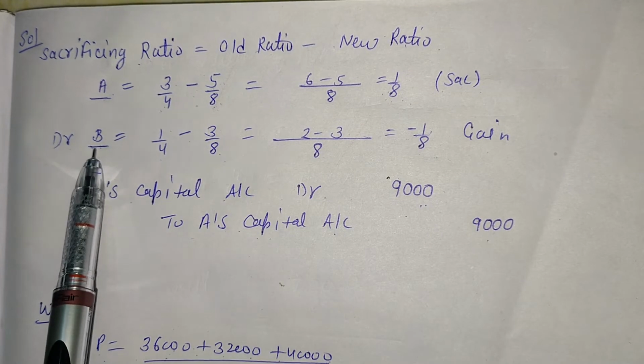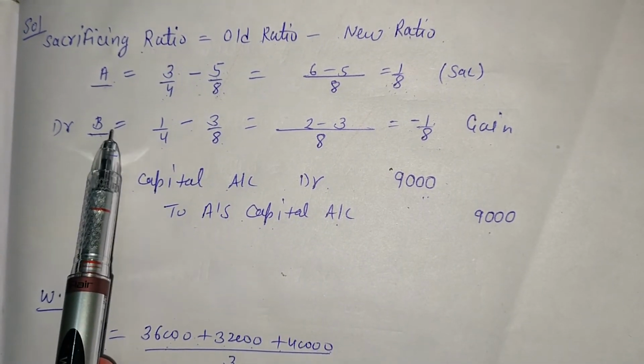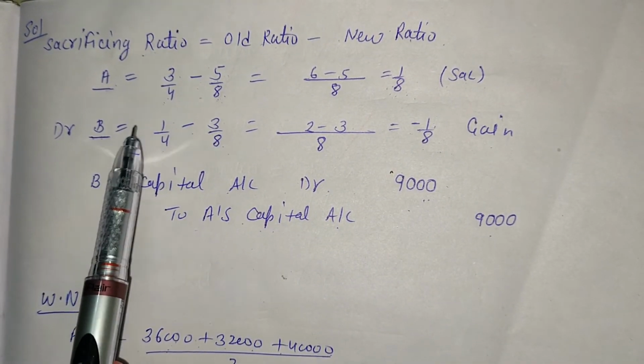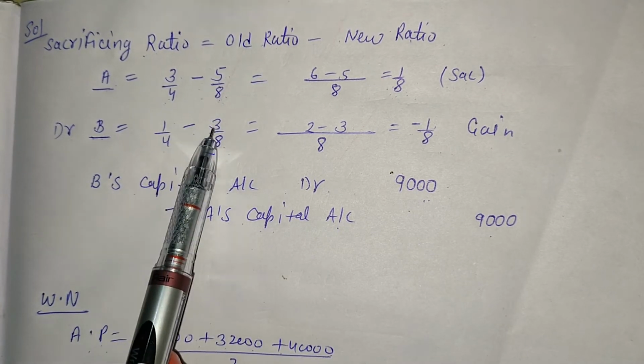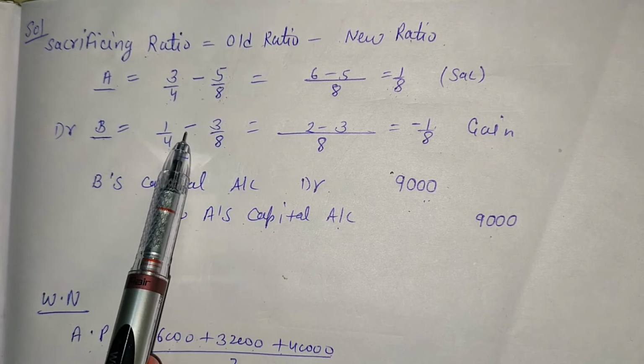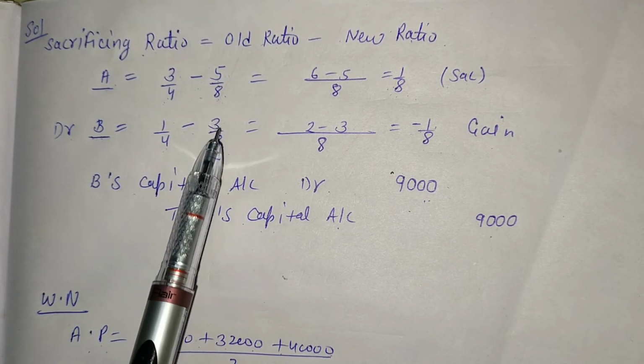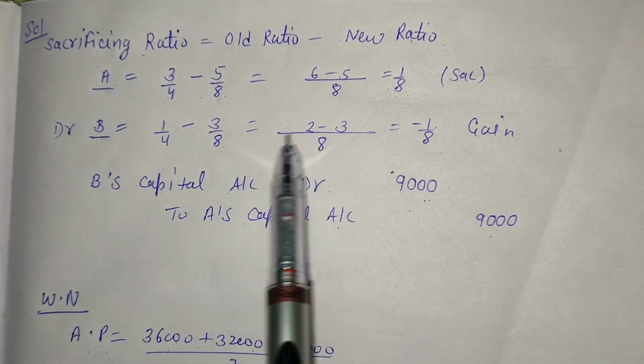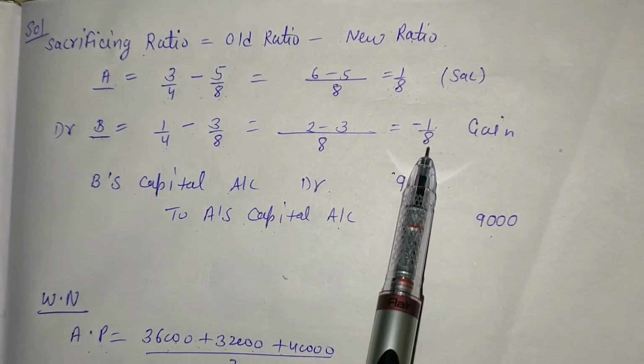Now B's share. Sacrificing ratio of B is old ratio minus new ratio. Old ratio of B is 1/4 minus new ratio of B is 3/8. After that we are getting minus 1/8.